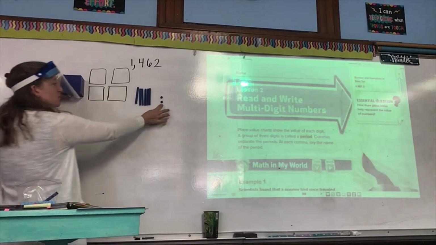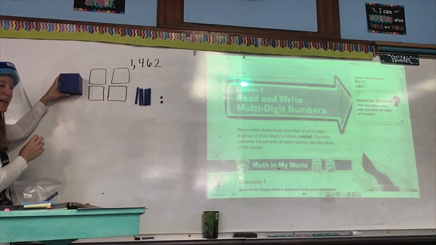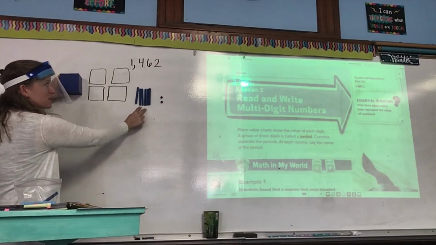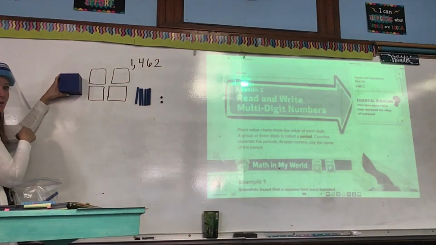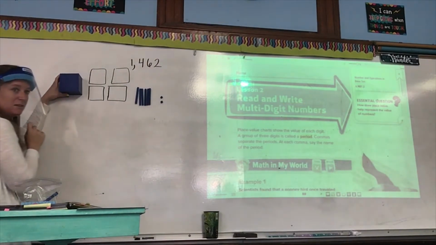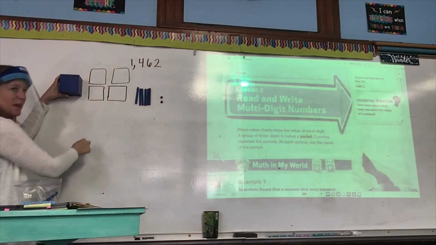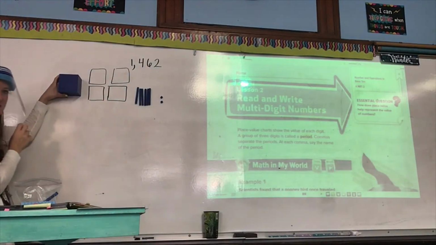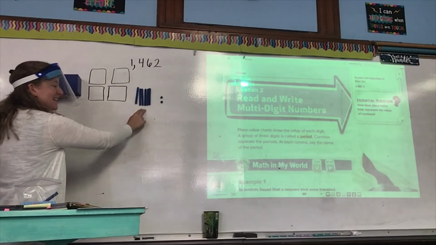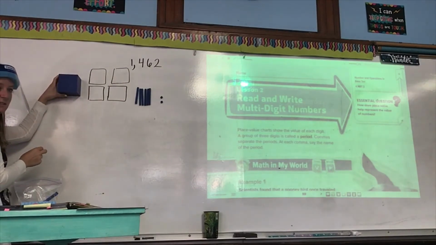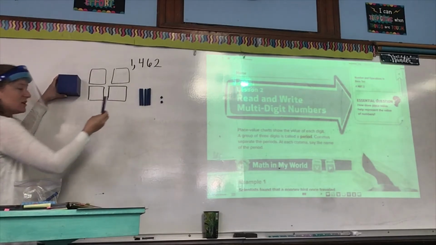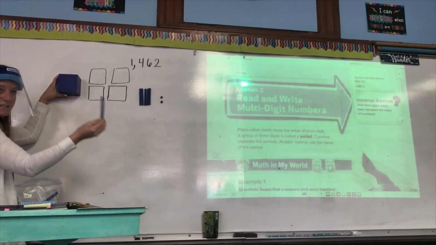How many ones cubes do we have right here? Zadie. 2. And right here? Colin? 6. We have 6 ones cubes. We have 6 10 rods, but how many ones cubes make up 6 10 rods? 10 ones cubes make 1 10 rod.